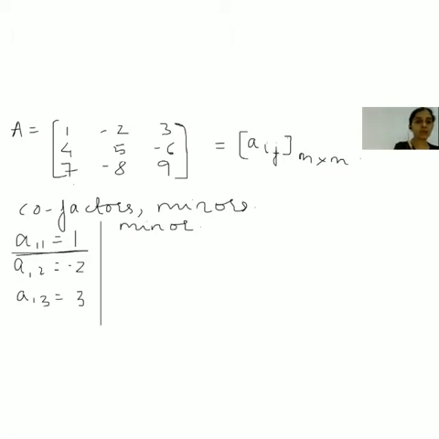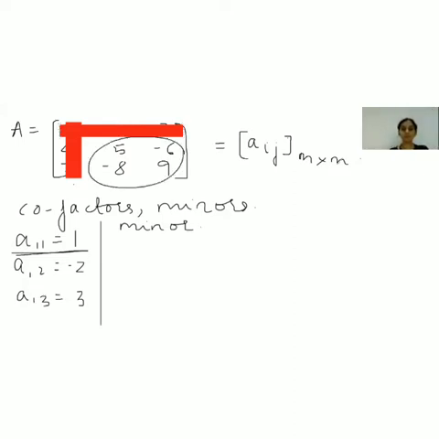I'm going to hide the column in which it lies and the row in which it lies. And then what do you have to do? You have to find the determinant value of the remaining matrix.